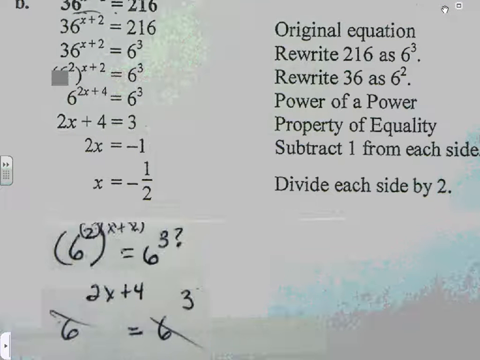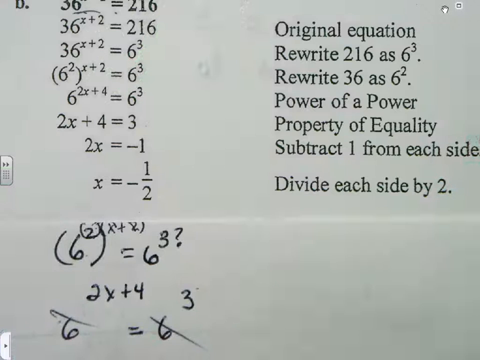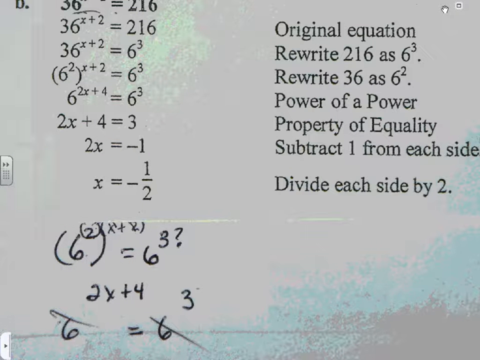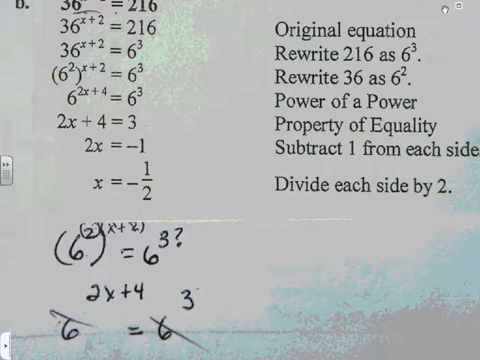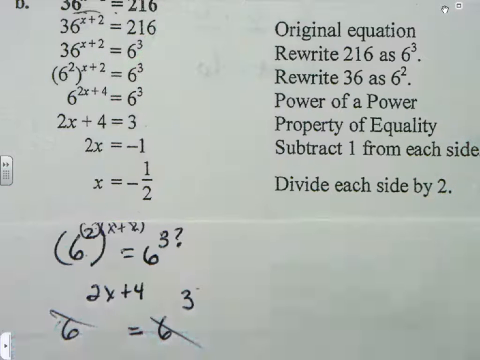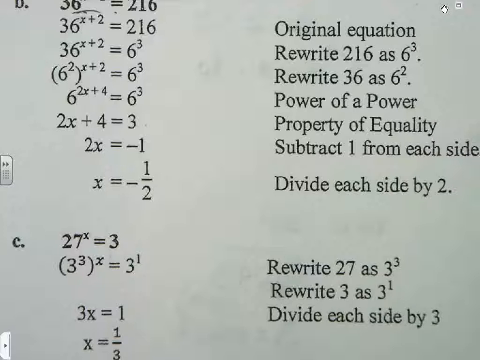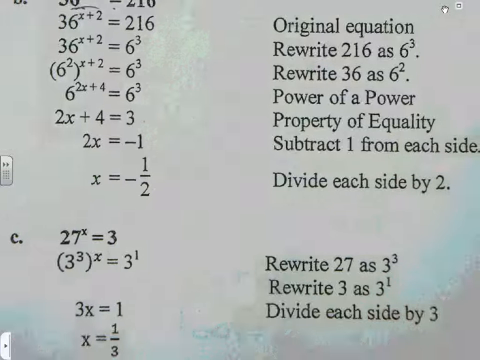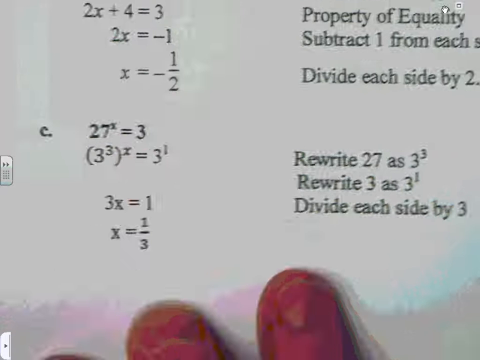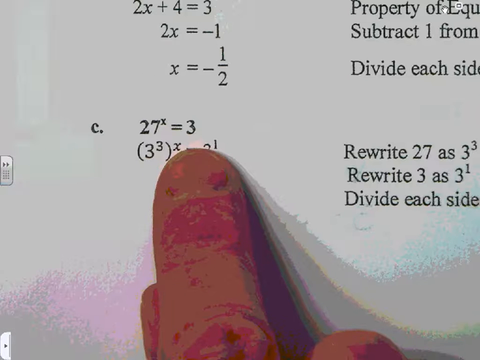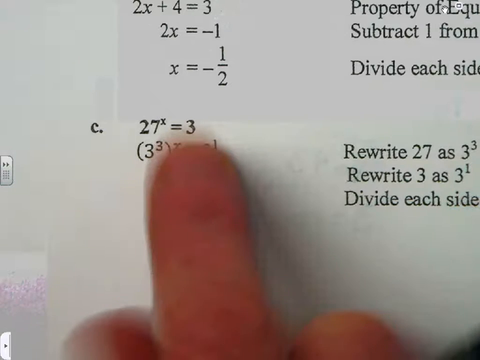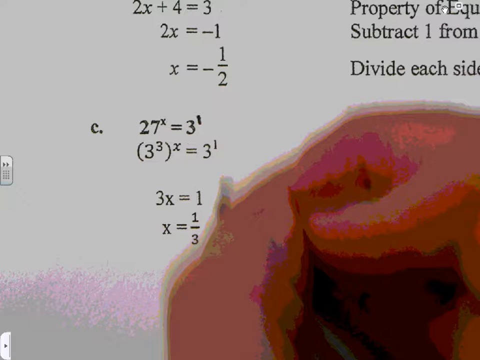So all that junk they did looks way more complicated than what we just did, doesn't it? But that's exactly what we did. Find bases that match, wipe them out, and deal with only the exponent part. If your numbers don't have an exponent, like this 3 on the last example, give it an exponent so you don't forget.